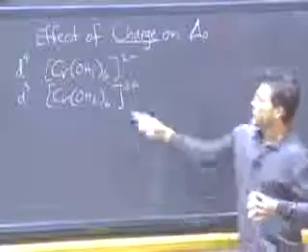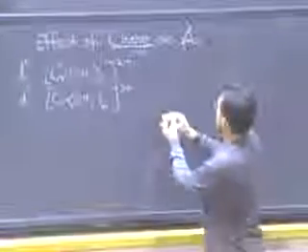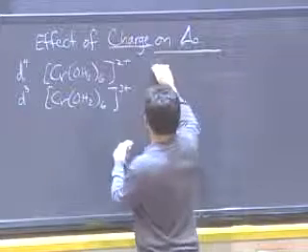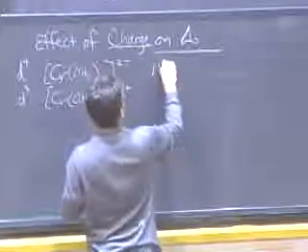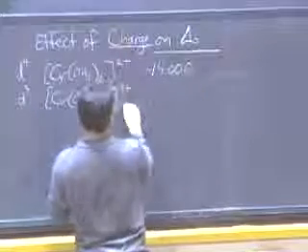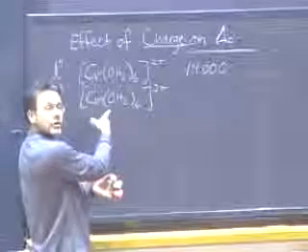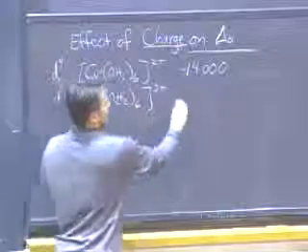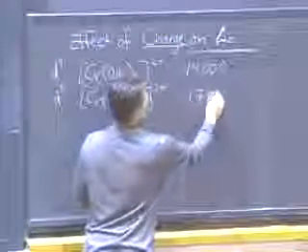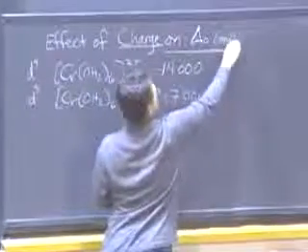You should practice going from a formula to the DN count, and then we can look at what delta O does. This is roughly 14,000 wave numbers. Then when we oxidize from 2+ to 3+, with higher charge on the central metal, delta O shoots up to approximately 17,000 reciprocal centimeters.